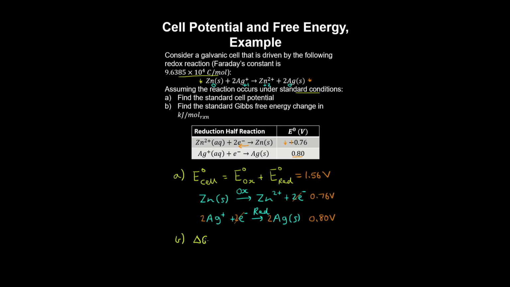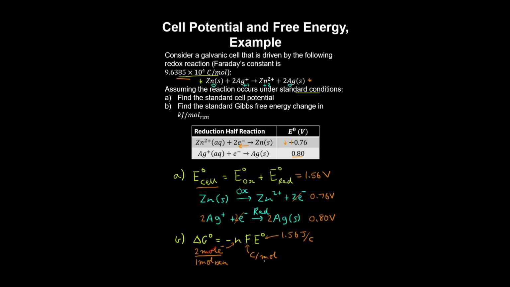And the standard Gibbs Free Energy change is calculated as follows, where we just calculated the standard potential of the cell, and volt is joules per coulomb. And if we substitute Faraday's constant, and this reaction results in 2 moles of electrons per mole of reaction.